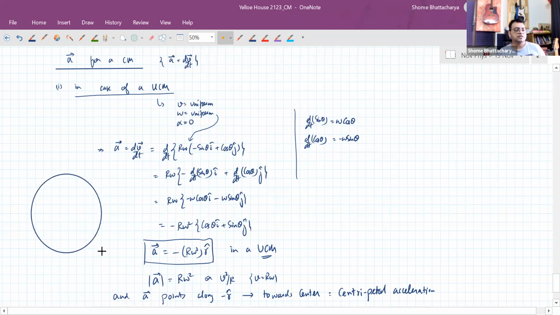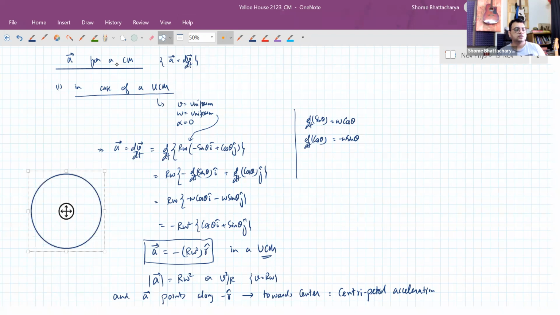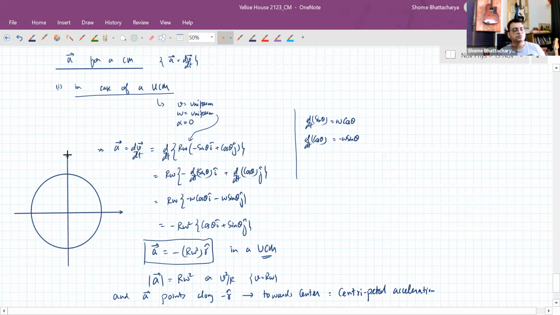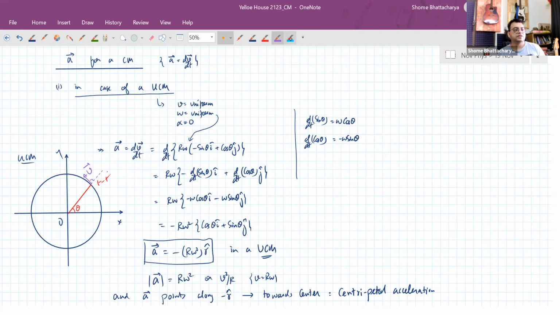So now, understanding this geometrically, you see that as long as it's a uniform circular motion, so the speed is constant, so alpha is 0. We have a UCM. Then at any point of time when the particle is at an angular position theta, the velocity vector is tangential and the acceleration vector is centripetal.